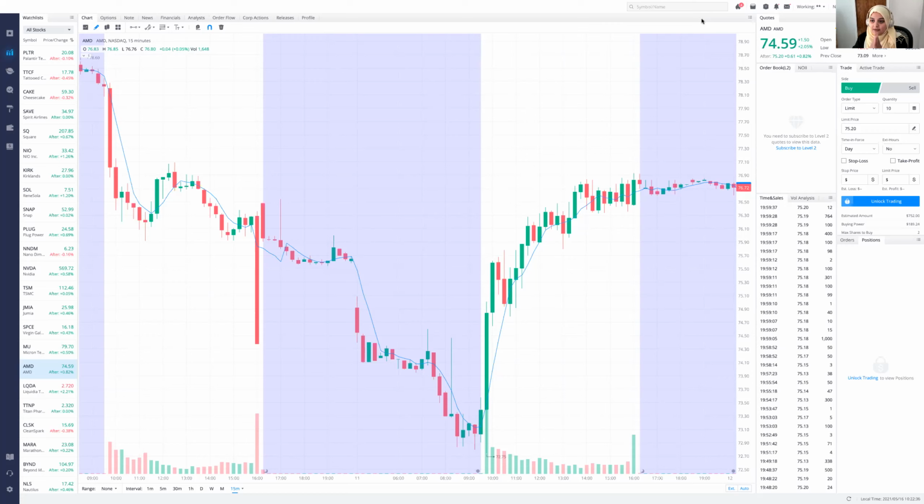So if you already have your watch lists organized by sector or by theme, you can see that one watch list is very red and one is very green. So you want to buy when they're red and sell when they're green. If you organize it that way, it's very helpful.